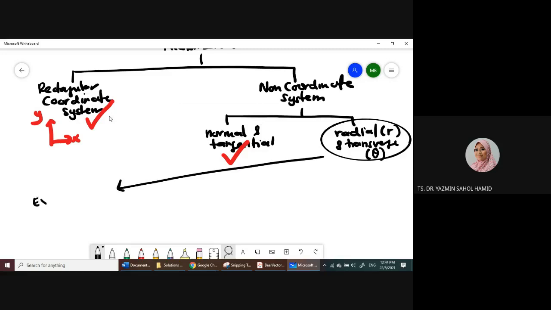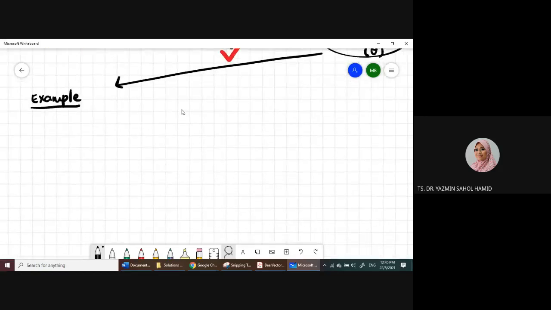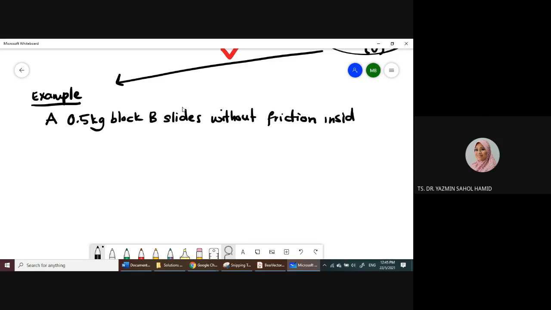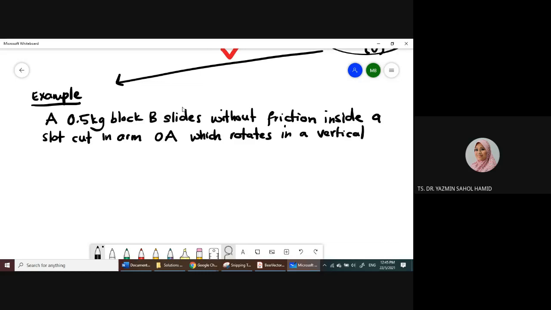We're going to go to the example. Can you please copy this example? A 0.5 kg block B slides without friction inside a slot cut in arm OA, which rotates in a vertical plane.